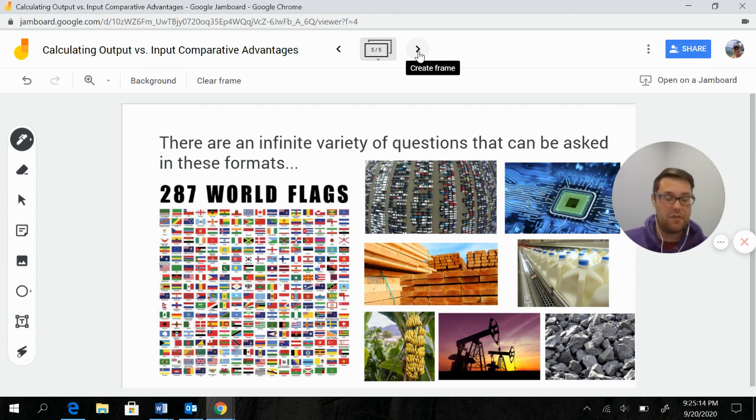Now, again, this is sort of an oversimplified model. In the real world, right, there's many, many more than two products. But again, it's just a model, right? We're trying to simplify the world as much as we can, and then figure out what we can determine based on that.